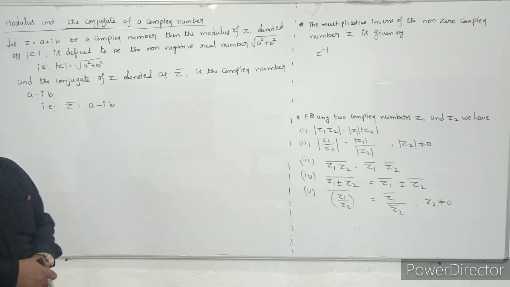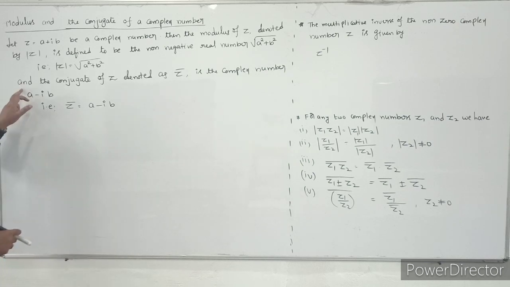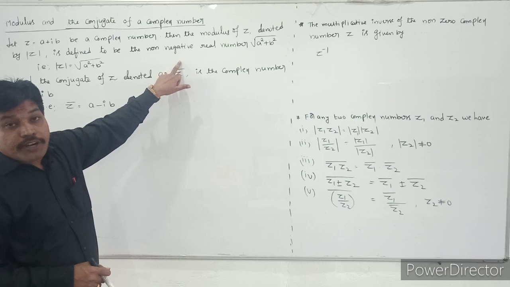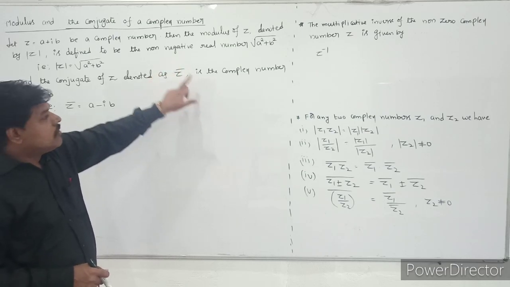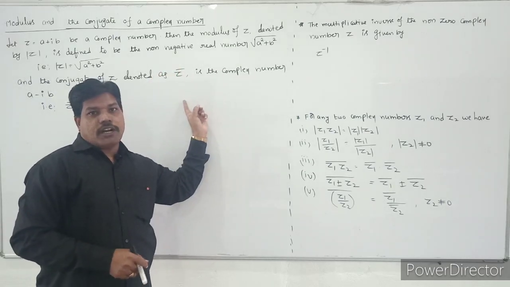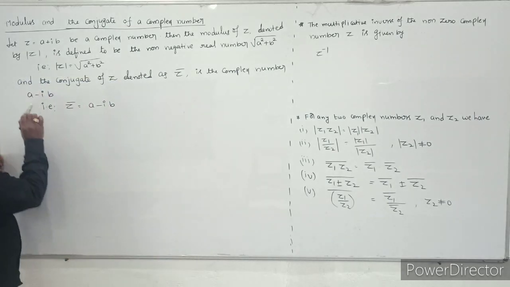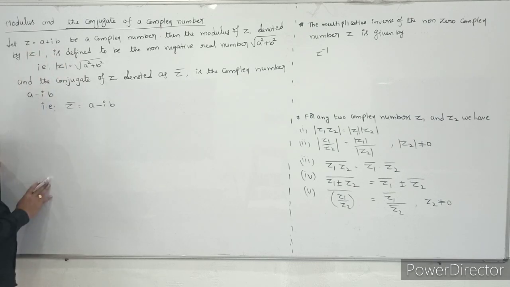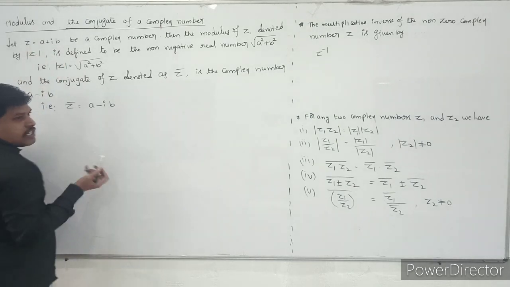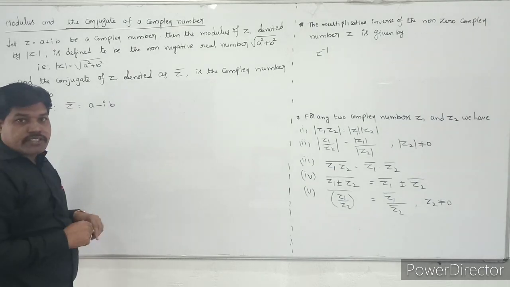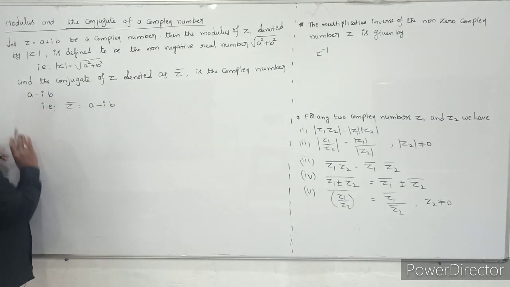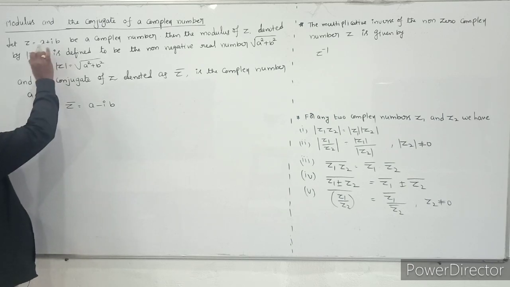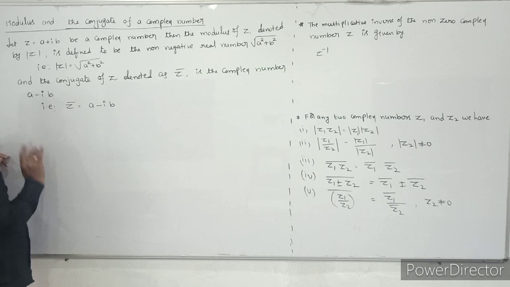And what is the conjugate of a complex number? The conjugate of z is denoted by z bar. It is also a complex number. If z is equal to a plus ib, then z bar is called the conjugate of the complex number, and it is a minus ib.